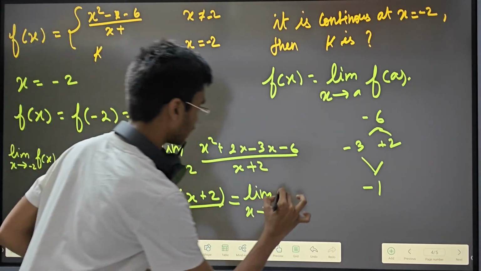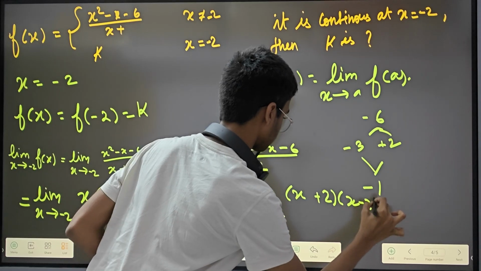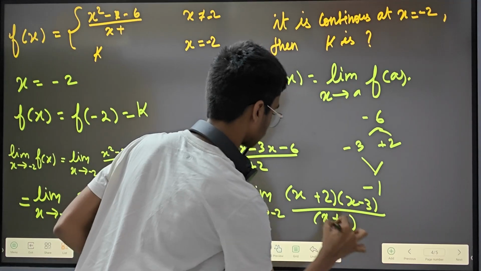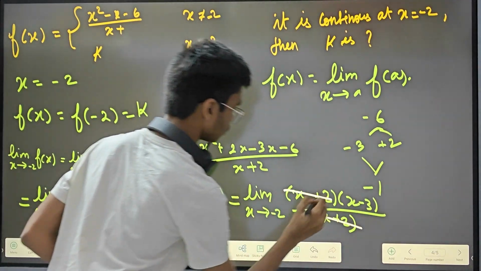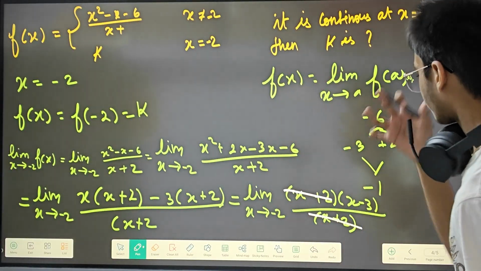So you can again rewrite it as x plus 2 into x minus 3, whole divided by x plus 2. You can cancel x plus 2, and you will be having x minus 3.